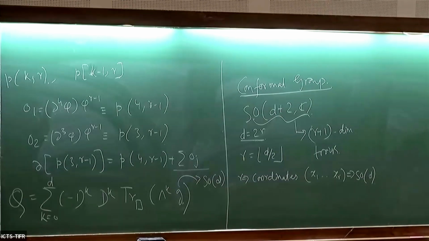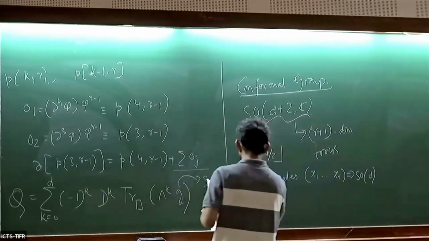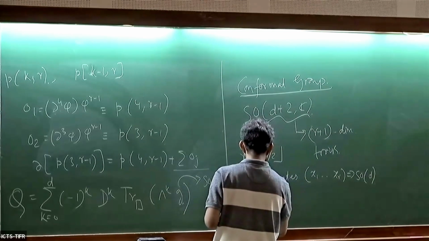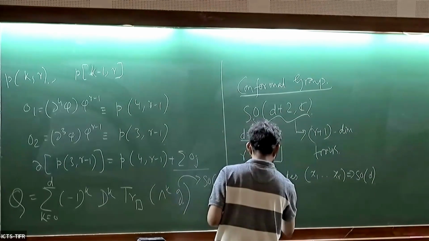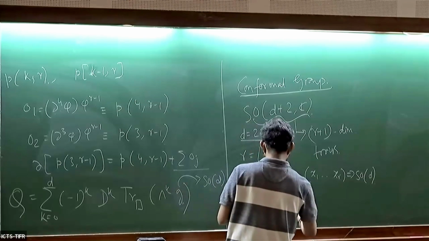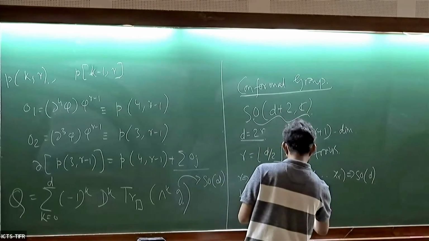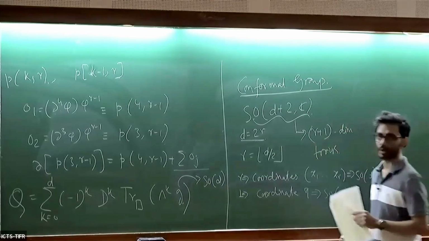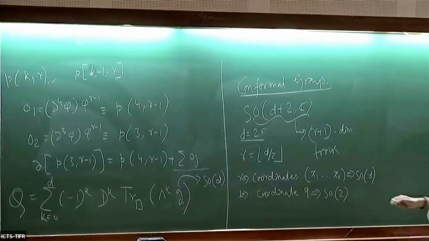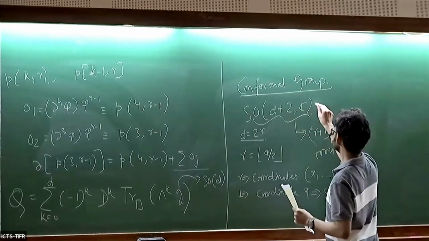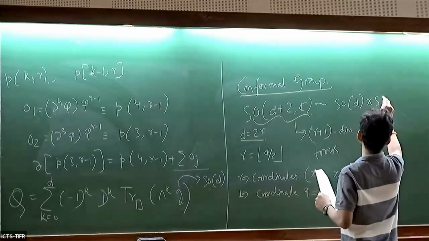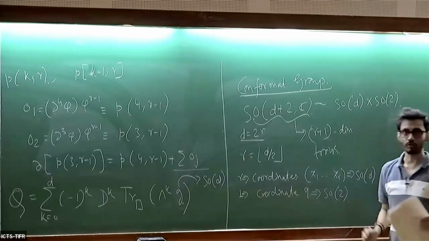And as an additional one, this coordinate, which I define as Q, is your SO2 part. So I can think of this SOD group as having a maximal subgroup in this particular form.